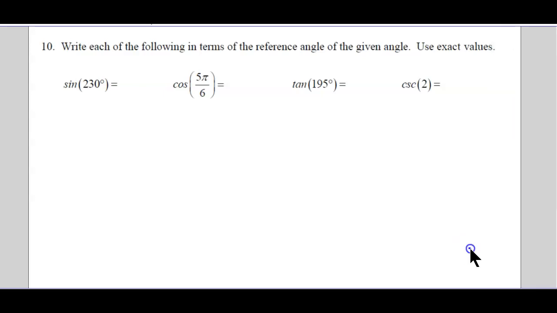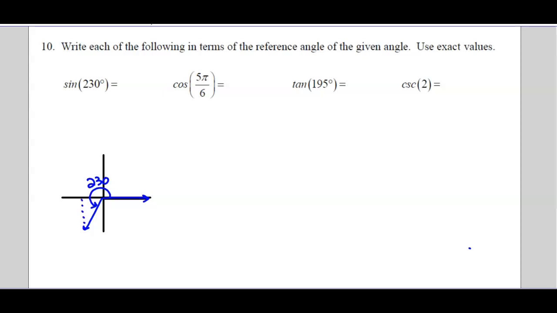Use exact values. Okay? So, in terms of the reference angle, you might want to do a little diagram. So here, and I'll do it in blue. Here's my initial ray, 230 degrees. Think where that's going to be. So 180, 230 here.